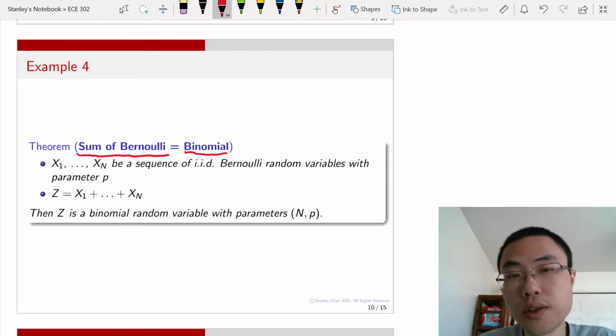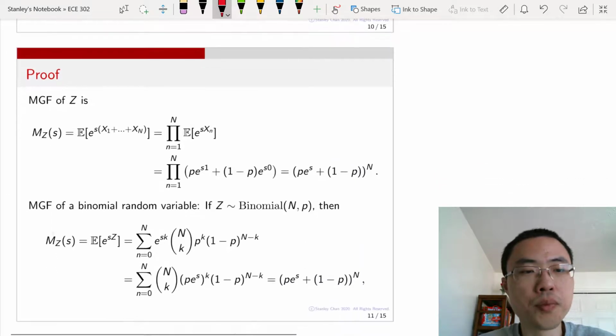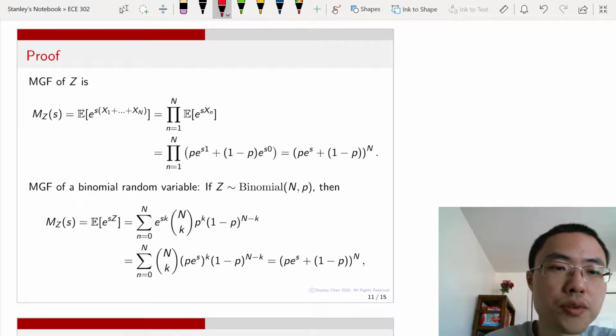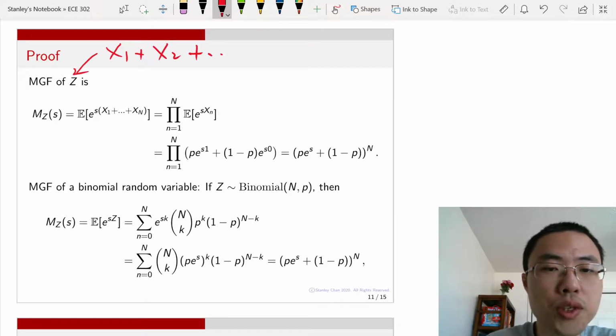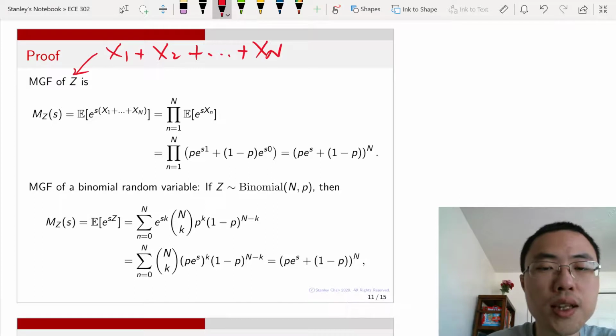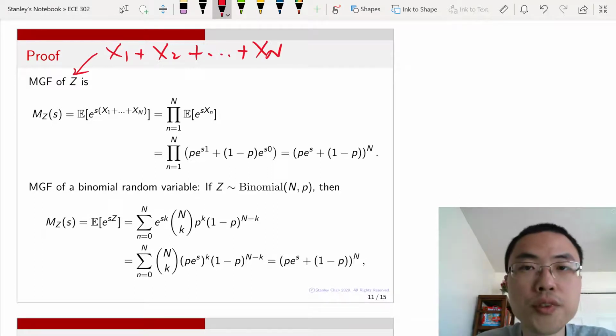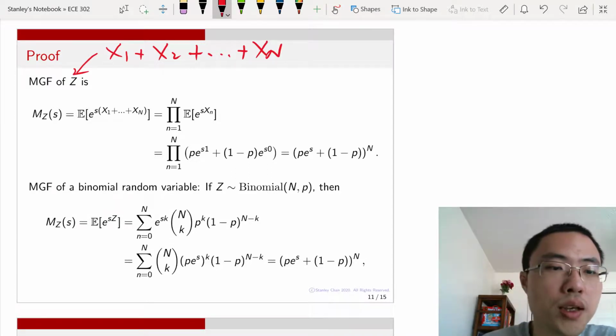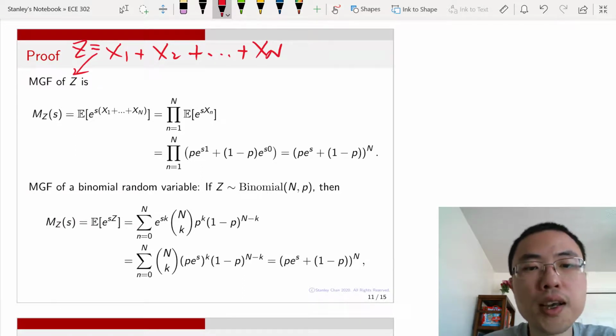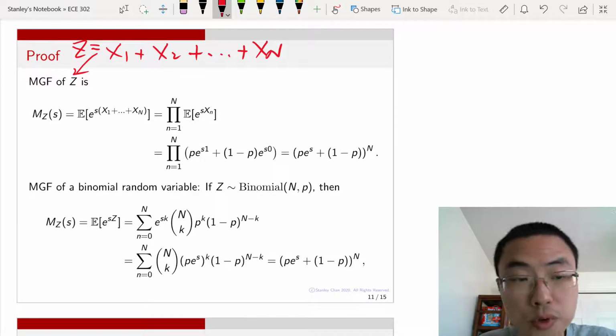We can use the moment generating function to actually prove this result, and let me show you how. The moment generating function of this z, which is the sum of n Bernoulli random variables. So here you have x1 through xn, they are all Bernoulli random variables of the same parameter p. I want to find the moment generating function of z. Z is defined as the sum of all these random variables.